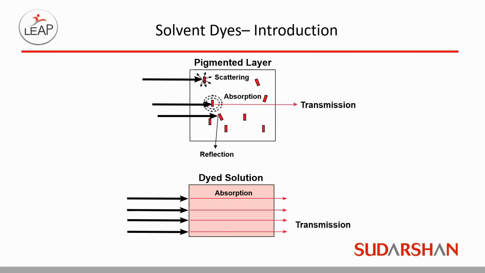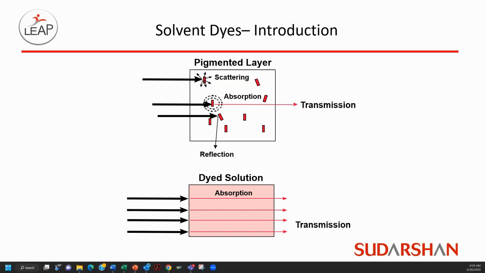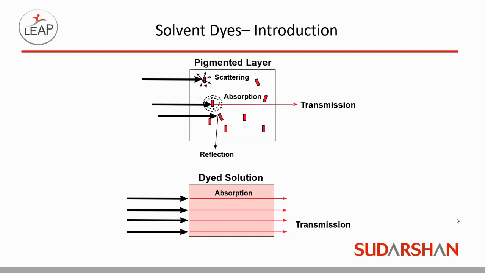So that's where your eye sees the color based off of those physical particles. In a dye, it's 100% absorption because, if properly solubilized, there are no physical particles to scatter or reflect. Everything gets absorbed and transmitted through.